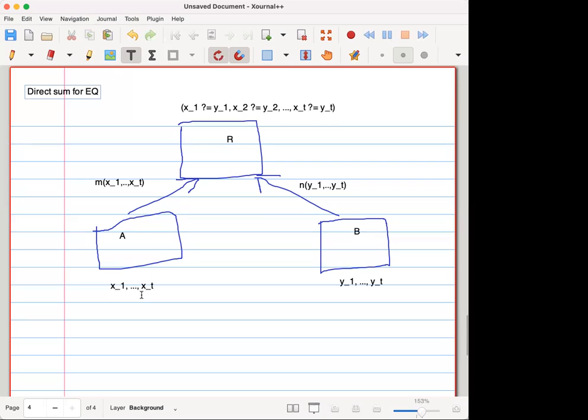So let us say Alice concatenates her inputs to make one single bit string of length tn bits. Bob does the same, and now we want to know if this tn-bit string of Alice is equal to the tn-bit string of Bob. Just that, yes or no.